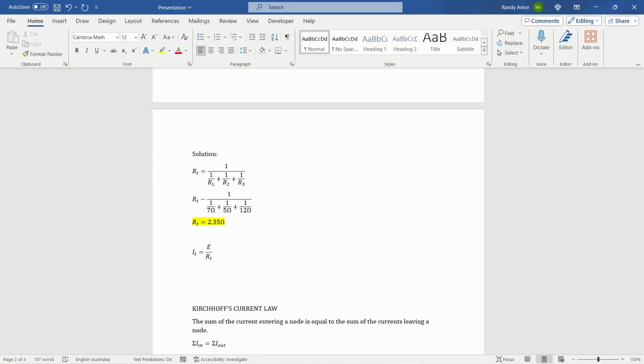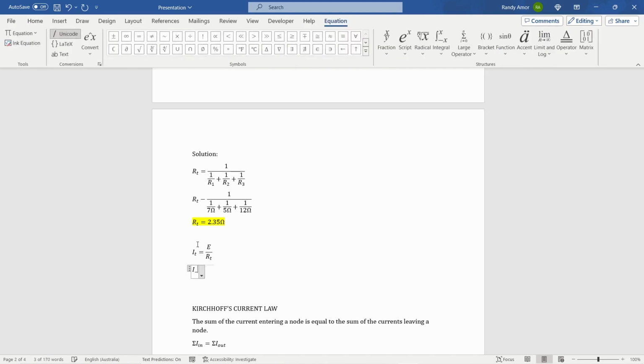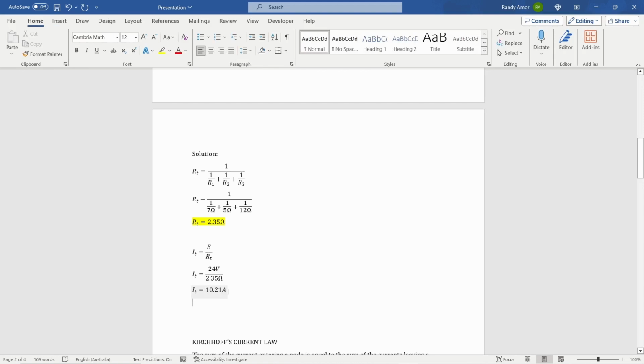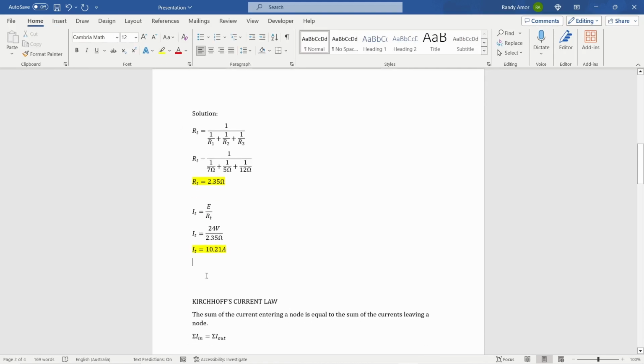Therefore IT will be equal to 24 volts divided by 2.35 ohms, so our IT will be equal to 10.21 amperes. That will be our total current.